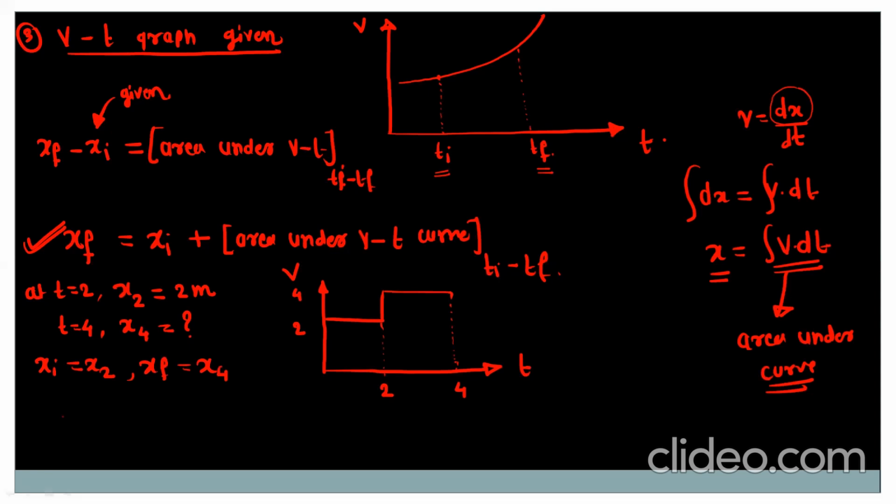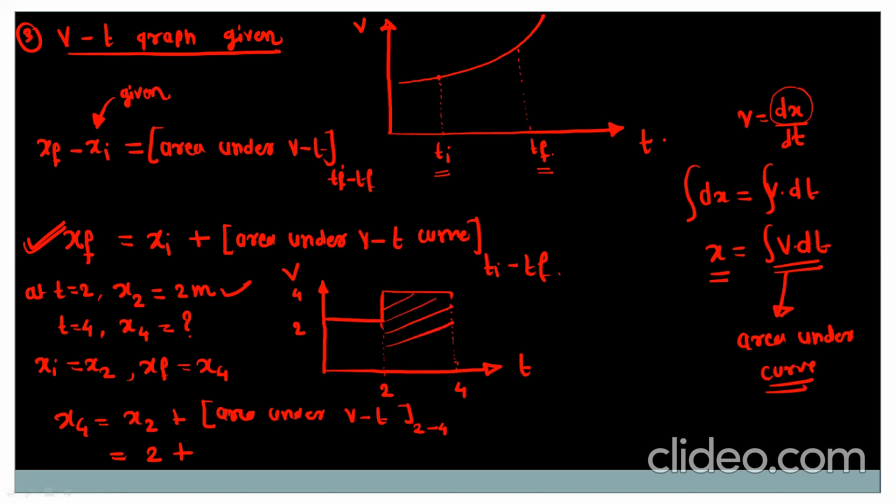So we can write this formula as x4 is equal to x2 plus the area under the velocity time graph between the time 2 to 4 seconds. We know the x2 value, it is given 2 meter, plus the area under the VT graph from 2 to 4. So this area will be this complete area.